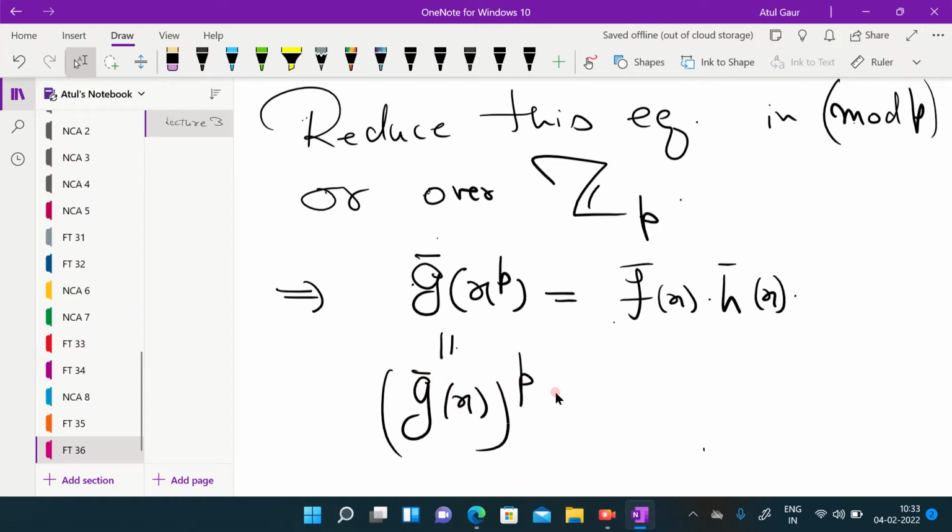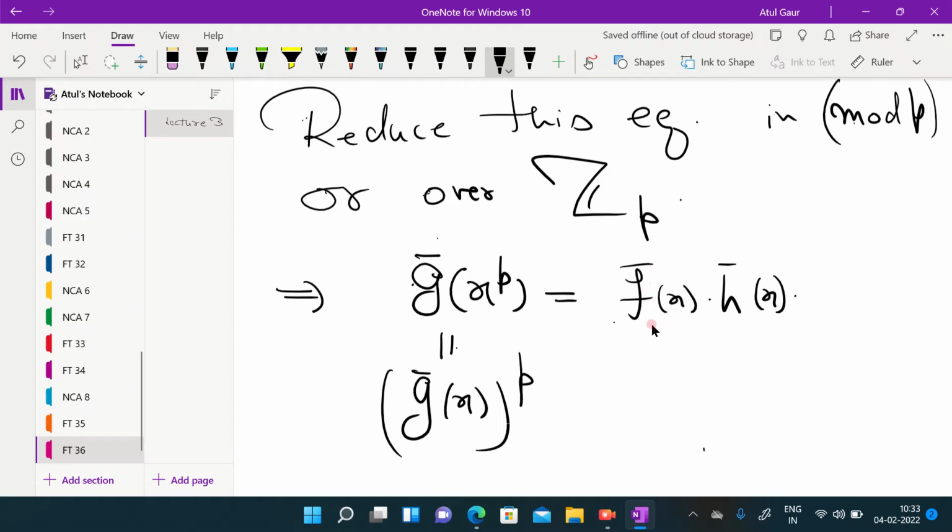Remember, I am working over a field of characteristic p. So over the field of characteristic p, (a1 plus a2 plus an) whole power p is a1^p plus a2^p plus an^p. Any multiple of p is 0 over Z_p. Is that fine? Yes, sir. Okay.